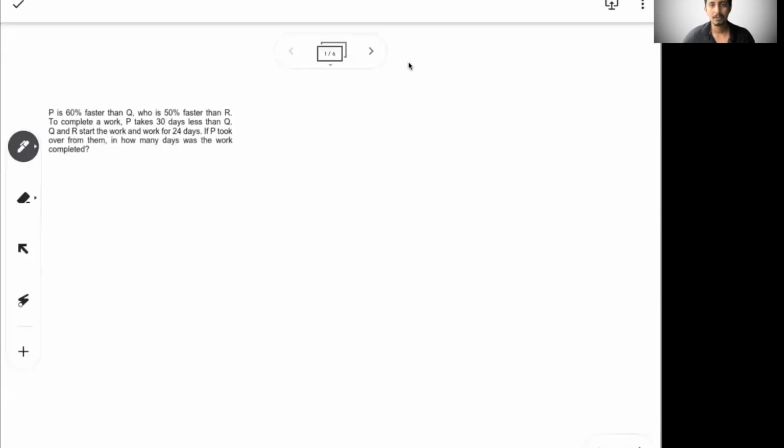So let's get started. The first problem for today says P is 60% faster than Q, who is 50% faster than R. So P is faster than Q, Q is faster than R, so R is basically the least efficient. So we can think R does 1 unit per day.